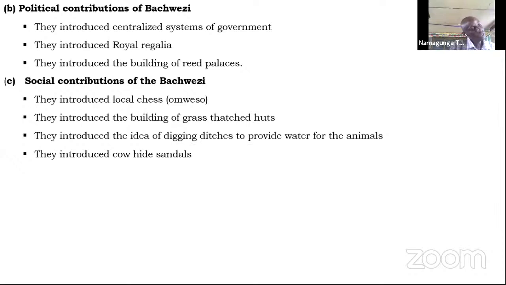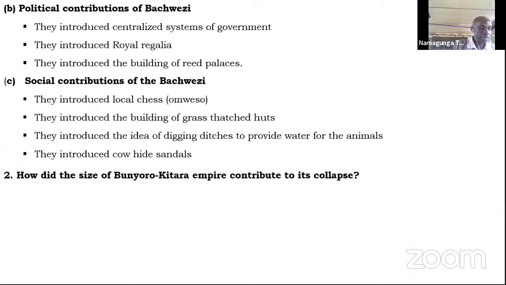Number two, the question is, how did the size of Bunyoro Kitara Empire contribute to its collapse? Tuke Isabel.